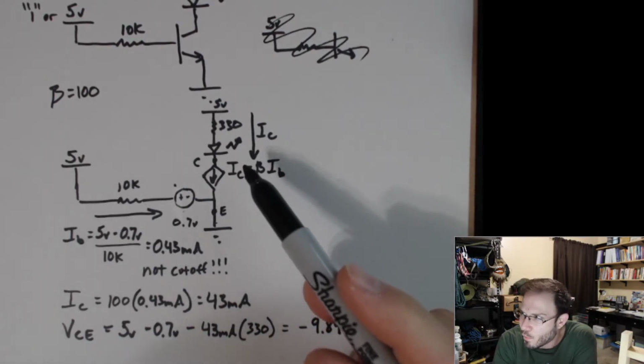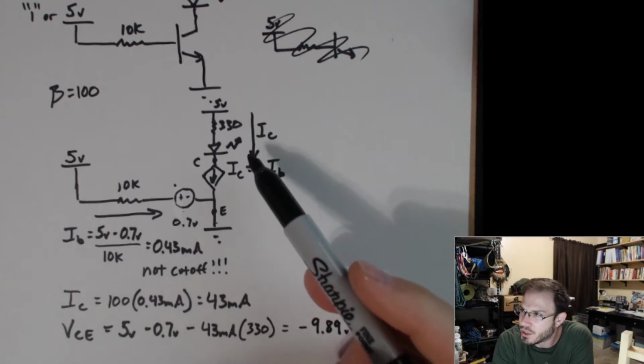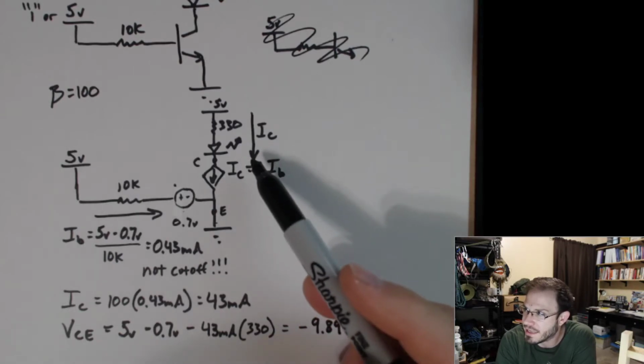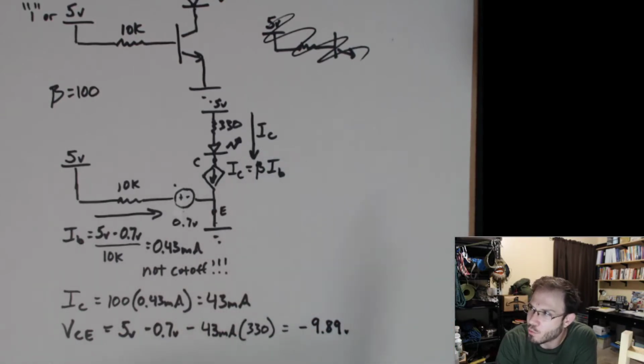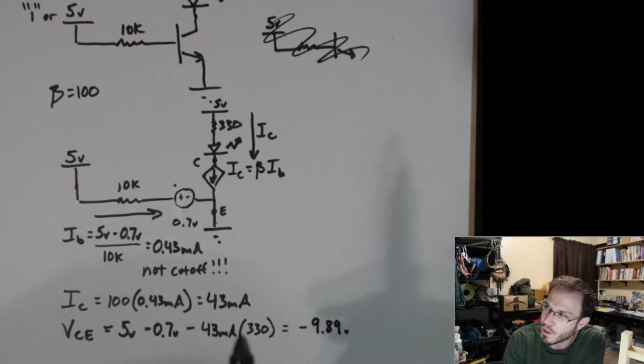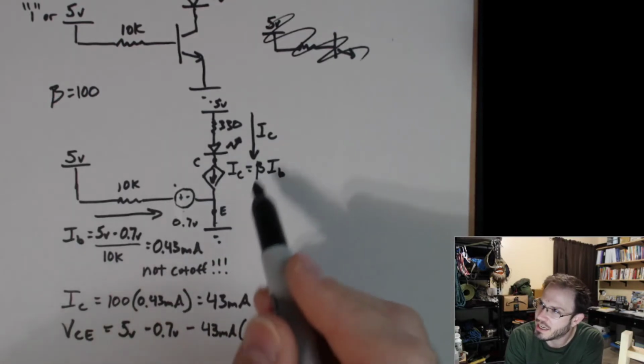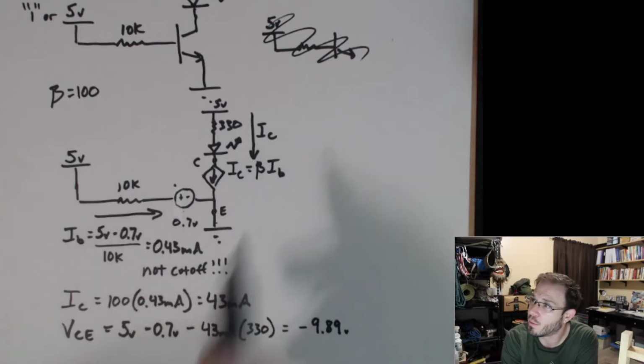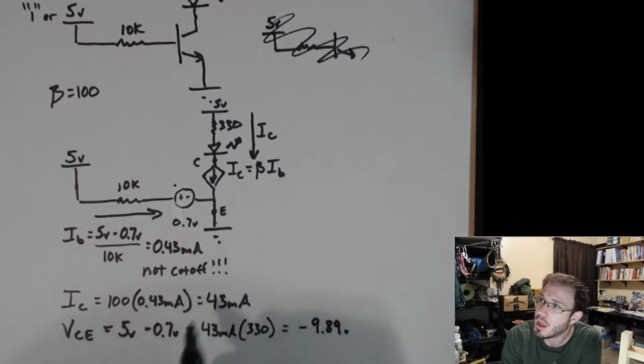There's no way we should have a negative voltage across our transistor. Something must be wrong. What is wrong is our assumption that this transistor is operating within its linear mode.